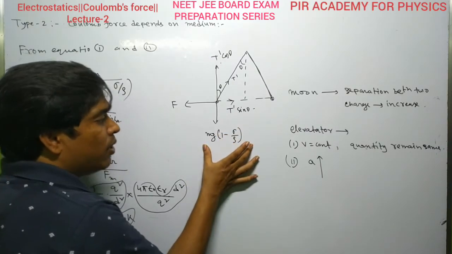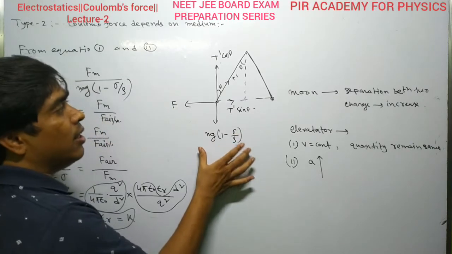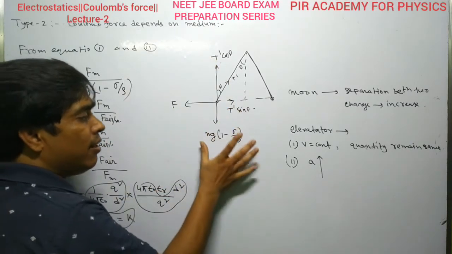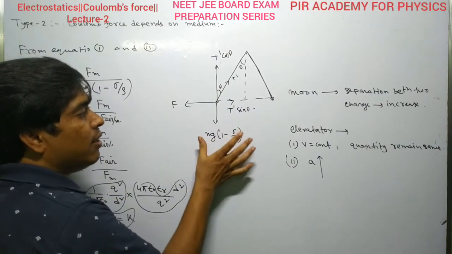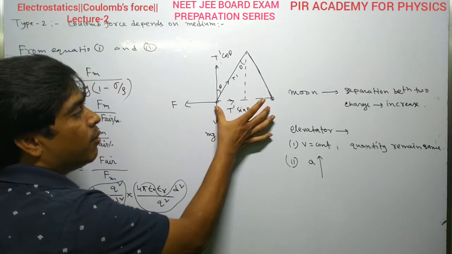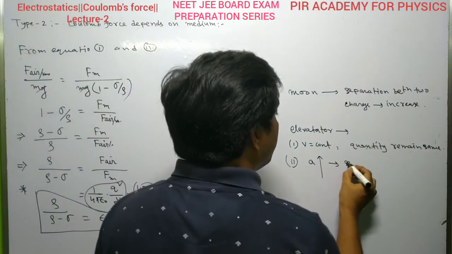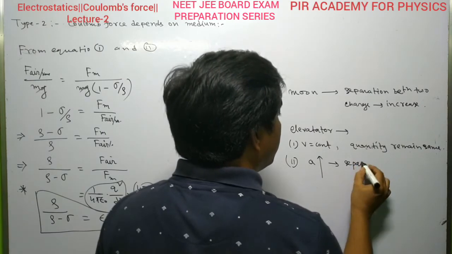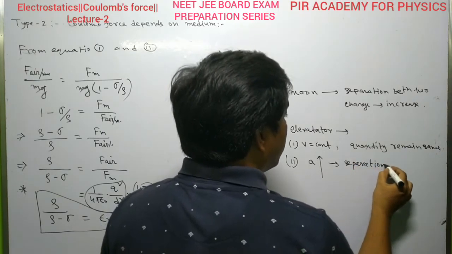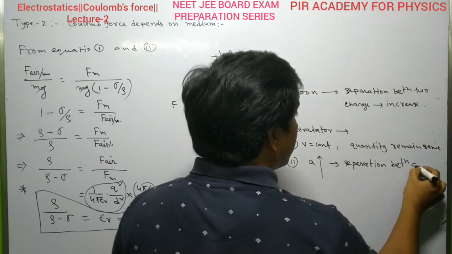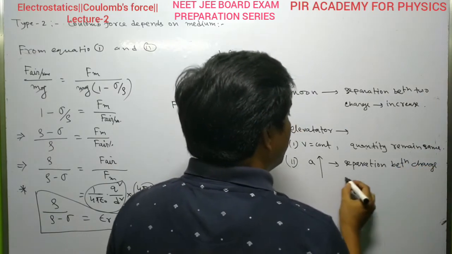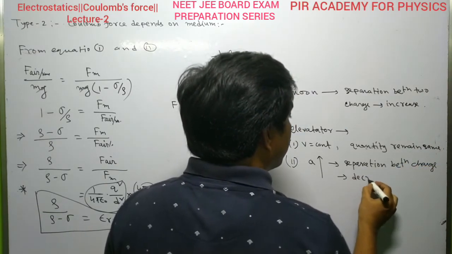If apparent weight increases, then tension will increase. If tension increases, then the separation between the charges will decrease.